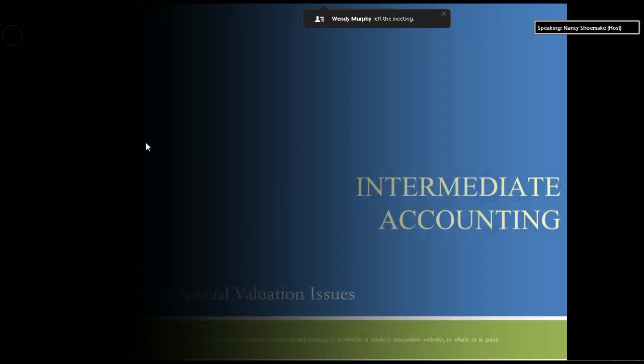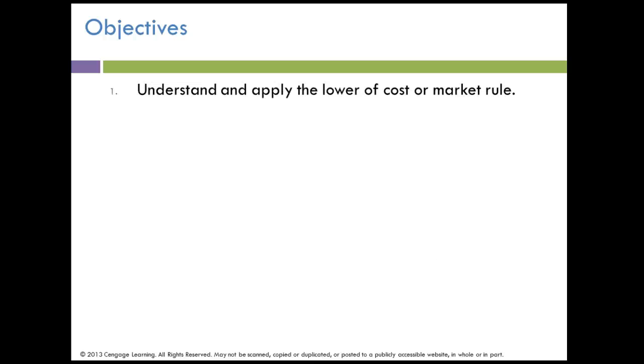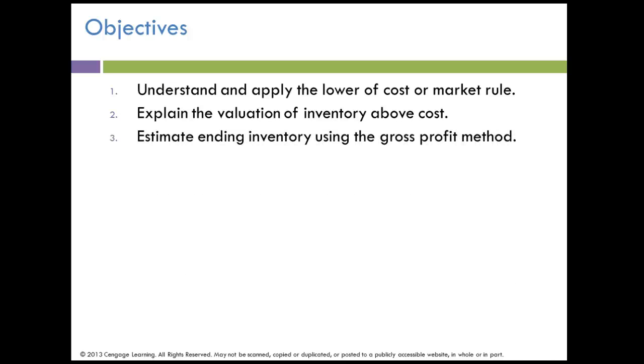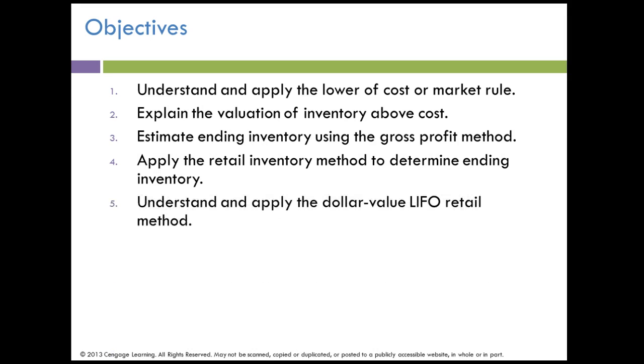So we're going to start with Chapter 8, and specifically we're adding on some information as it relates to Chapter 7 that we talked about. So we're going to talk about a couple concepts in inventory. We're not going to spend a lot of time on this chapter, but we're going to talk about some unique methods that weren't covered previously in the other chapter.